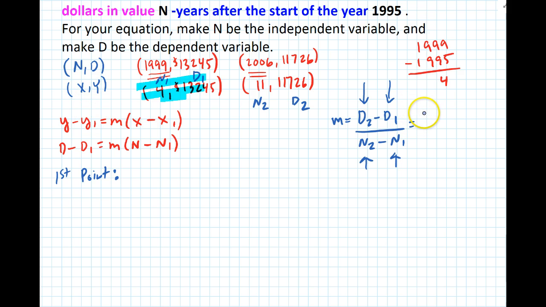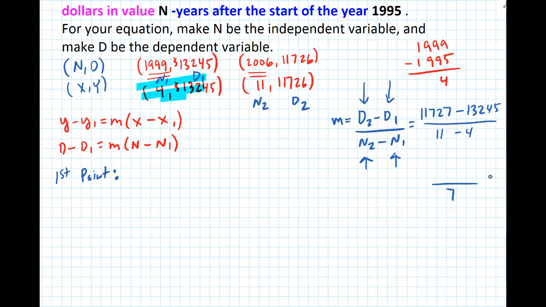So this would be 11,726 minus 13,245 all over 11 minus 4. 11 minus 4, that is 7.